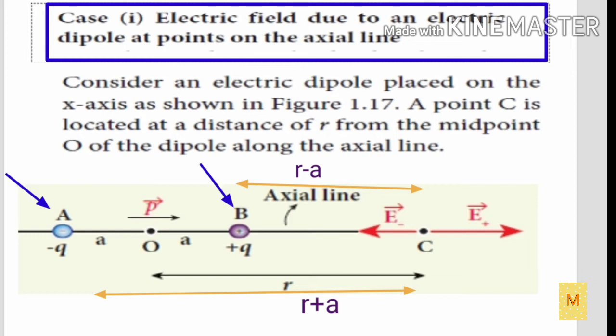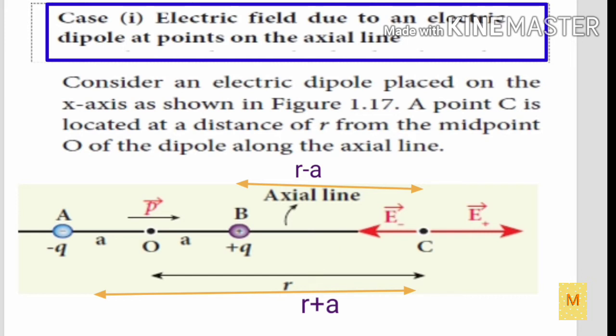Let us imagine two equal and opposite charges plus q and minus q placed on the x-axis at a distance a from the origin, which will form an electric dipole. Let us consider the point C on the x-axis. Let the distance of the point C from the origin O be r.